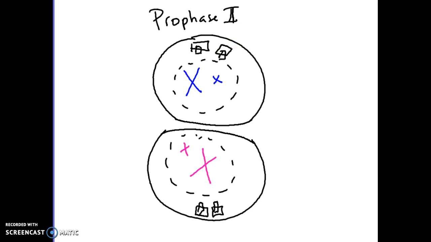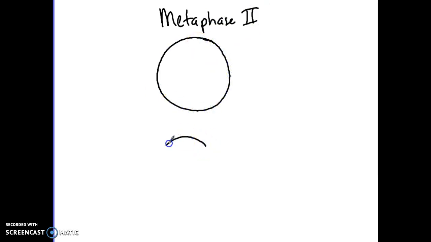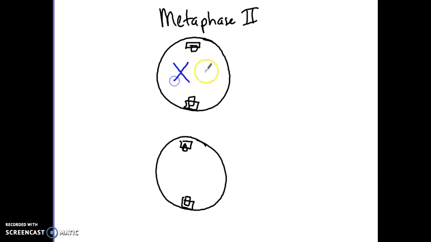So let's go to Metaphase II. So we still have our 2 cells. By this point, the centrioles have migrated to opposite poles. In this top cell, we have that large paternal replicated chromosome and the smaller paternal chromosome.